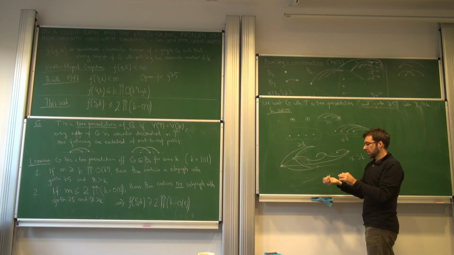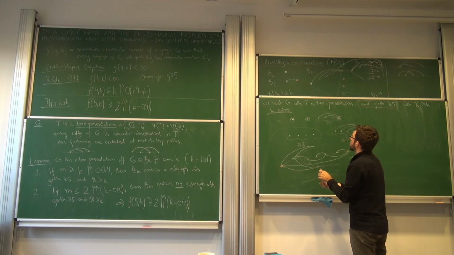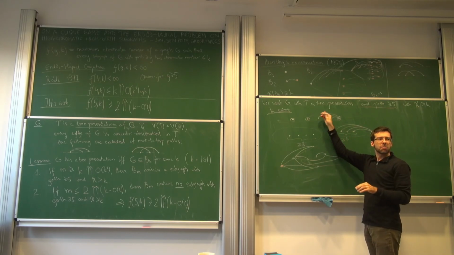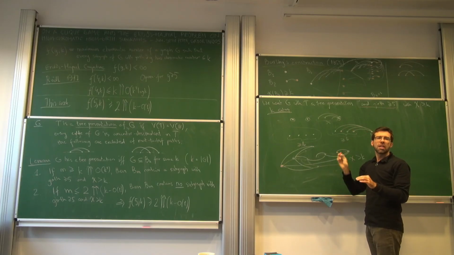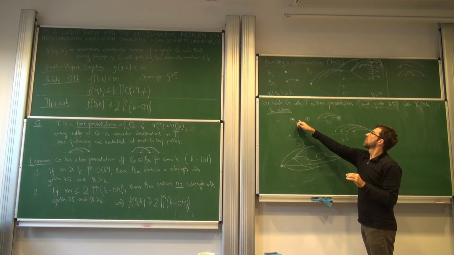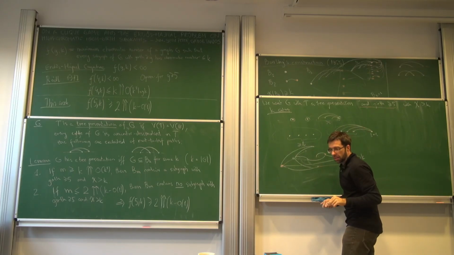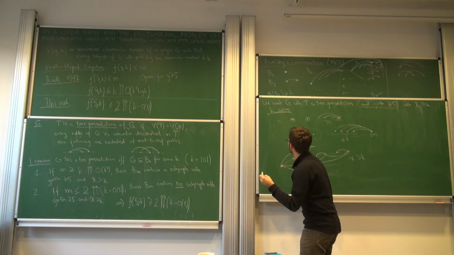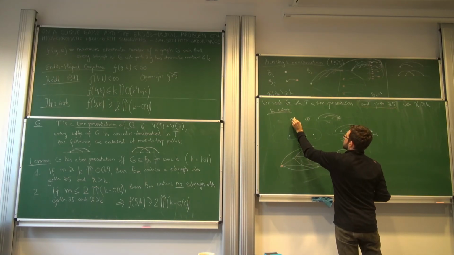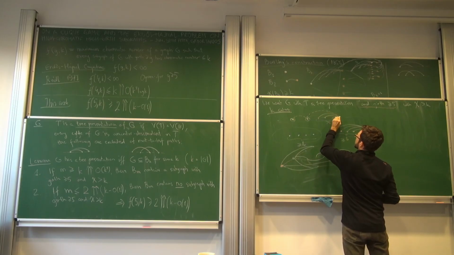So what does that mean? It means that builder maintains during this procedure some auxiliary graph on these active vertices. Let me use yet another color. Okay, so here we have some auxiliary graph.